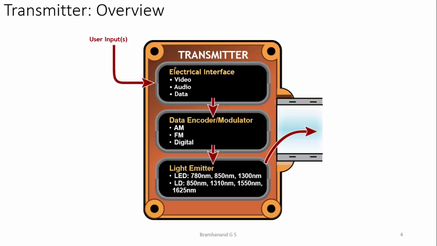The transmitter will take data, could be an audio or video or any kind of data, and data gets encoded, modulated, and the light emitting device emits the data as light to the transmission media, which is optical fiber.